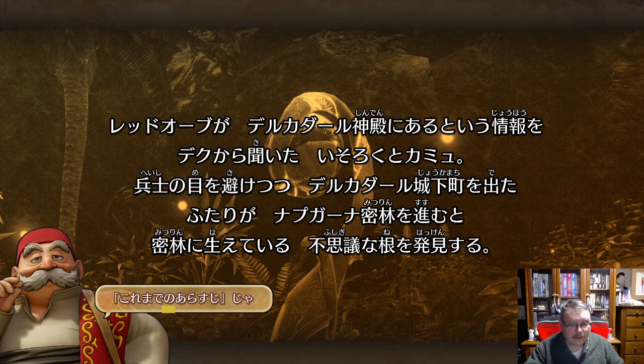So Koremade no arasuji, the story until now, or what has happened up until now. And then ja is like desu, da, but it's the way that a guy that looks like this would speak. It's old guy talk. It's Western Japanese, I think, mostly. I don't know. I could be wrong.